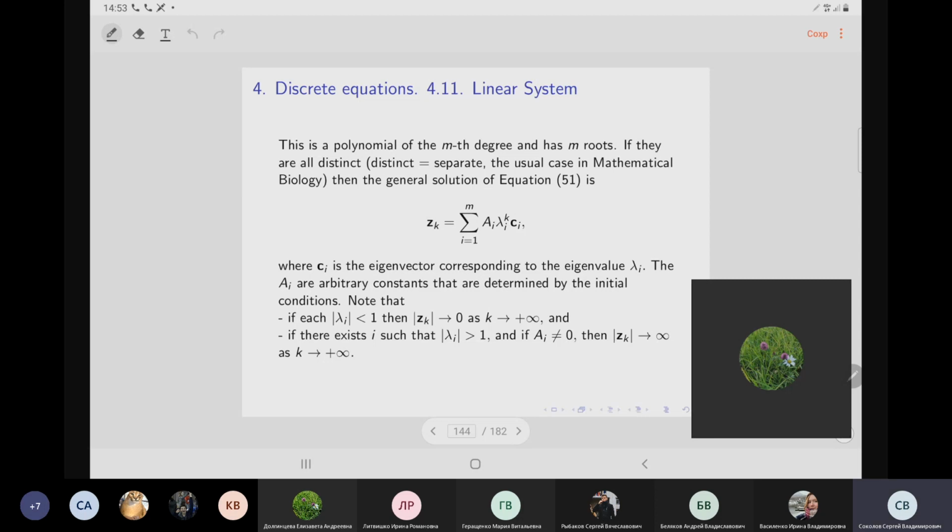And finally, if all the roots are distinct, or separate, we usually consider these cases when there are no equalities in mathematical biology. So far, under these assumptions, we can write the general solution for our system of linear discrete equations.